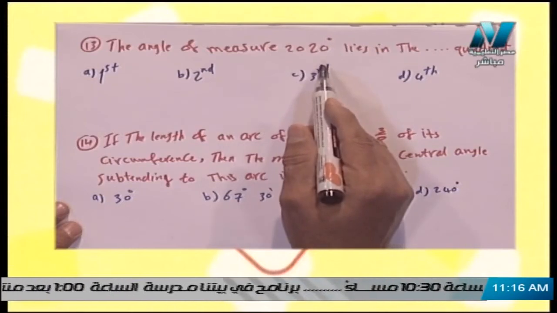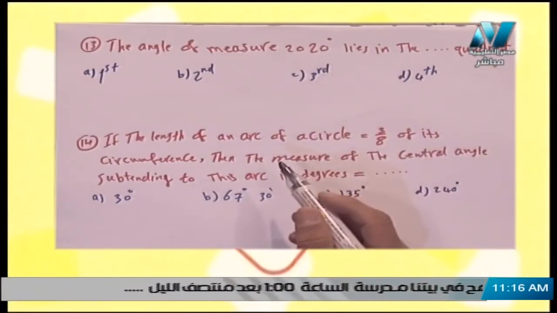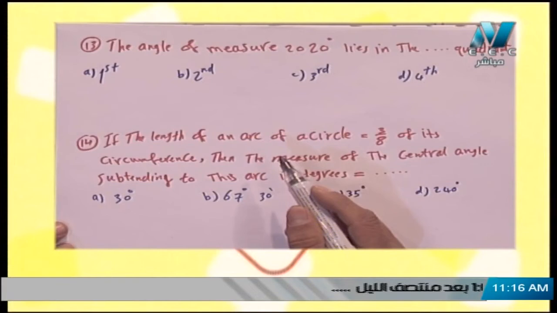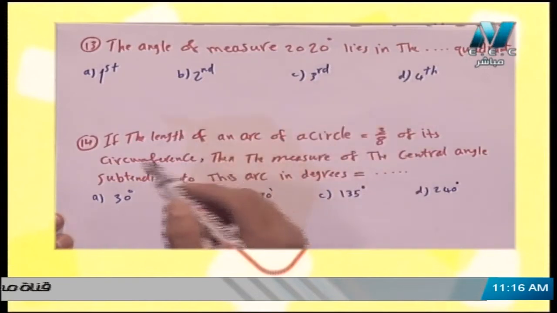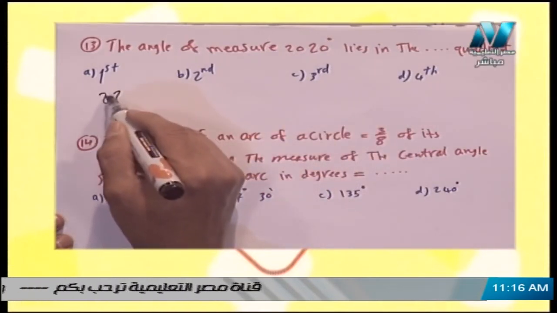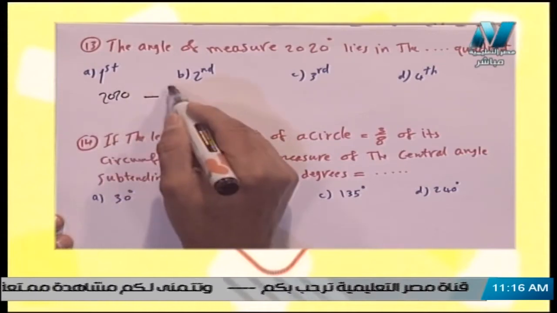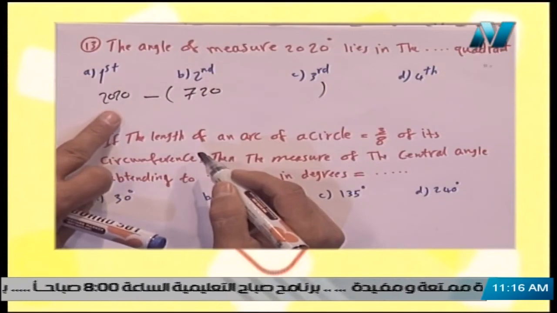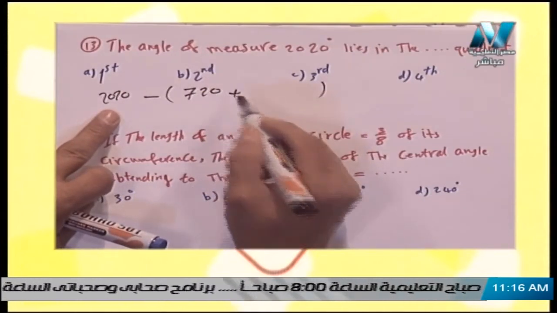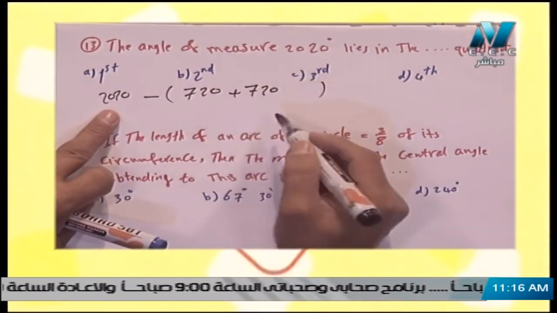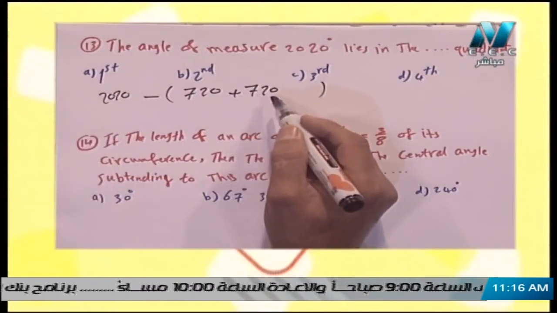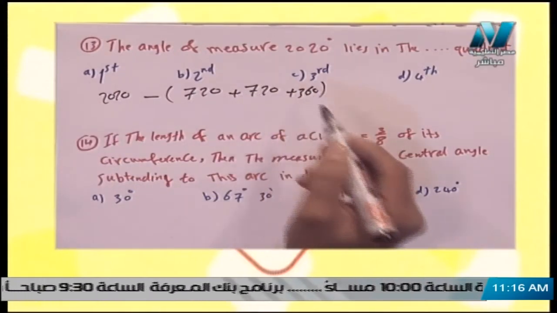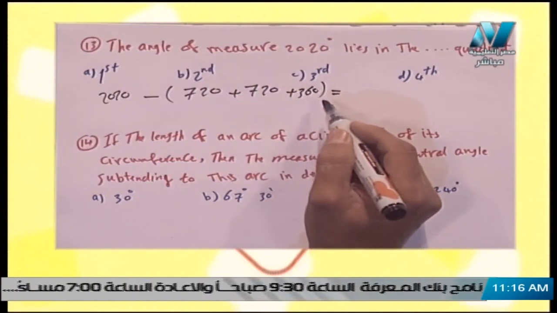We have the questions number 13 and 14 here. The angle of measure 2020 lies in what quadrant? It's a very big angle, in fact, but we take 2020 minus 720, because it's a big number, and we can subtract 720 and 360 and try to find the smallest positive angle here.